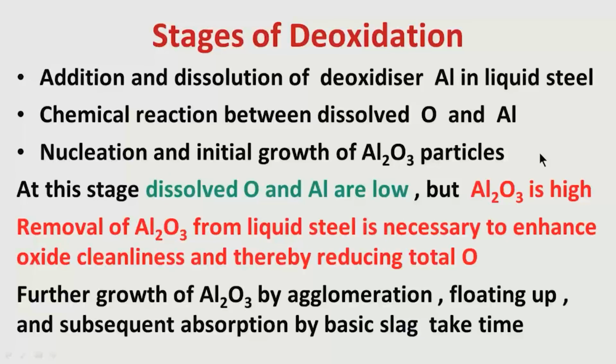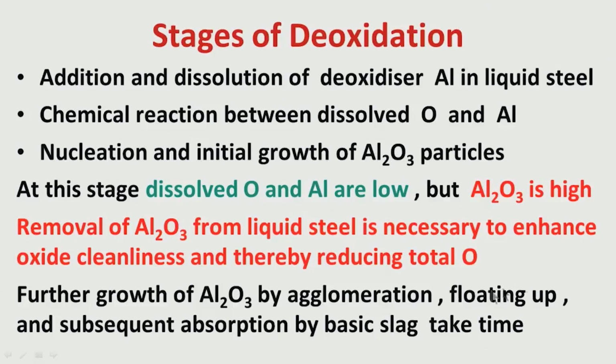So, how can it be done? Further growth of alumina by agglomeration: whatever alumina particles have formed will try to agglomerate, they will float up and subsequently they will be absorbed by the basic slag. But this takes time. As I was telling you, the addition of aluminum, its getting into solution, and then the reaction of soluble aluminum and soluble oxygen is very fast.